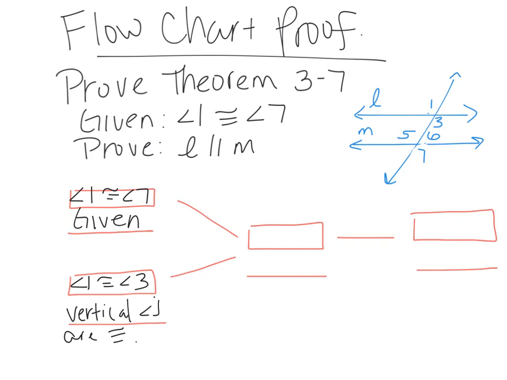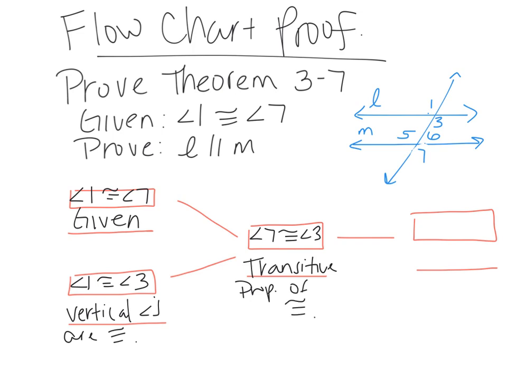Because of those two statements right there, my next statement in my proof is going to be that angle 7 is congruent to angle 3. And I know that by the transitive property of congruence.